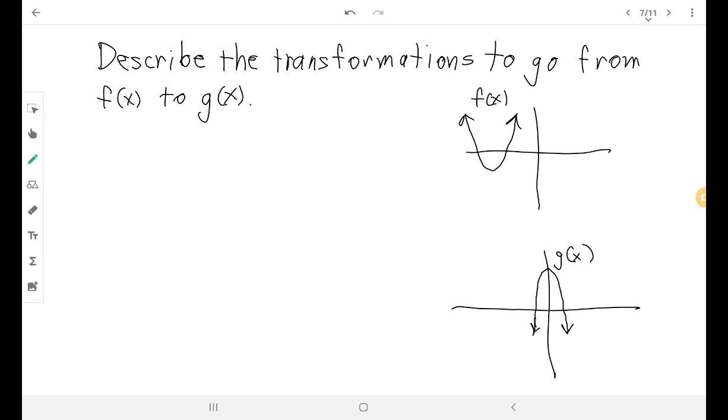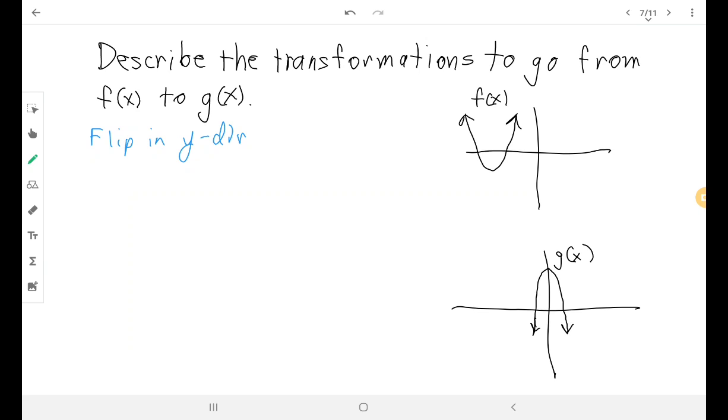All right, describe the transformations to go from f of x to g of x. Well, what do you see? Let's just list them. We've got a flip in the y direction. Certainly, we go from pointing up to pointing down. The only way to do that is a flip in the y direction.